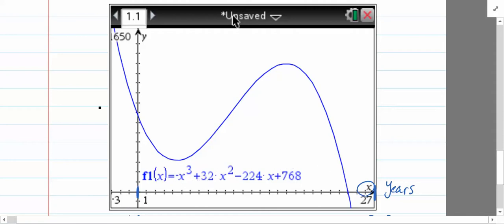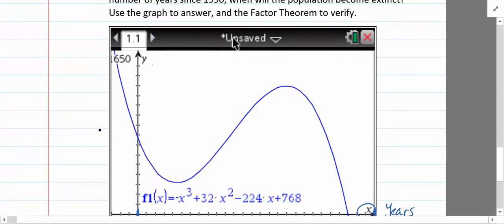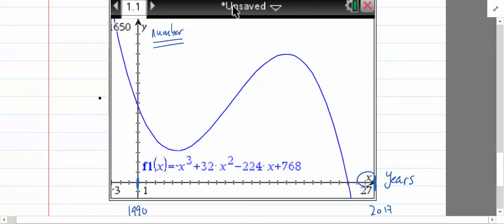Now, the y-axis is the polynomial result, or the function result, and this was the polynomial given for this particular problem. This axis represents the number of animals left in this species. In 1990, in this particular area, we had a certain number of animals.